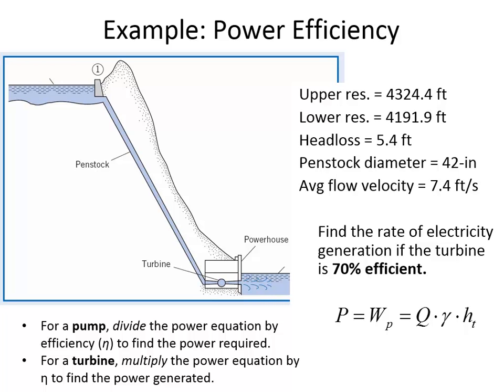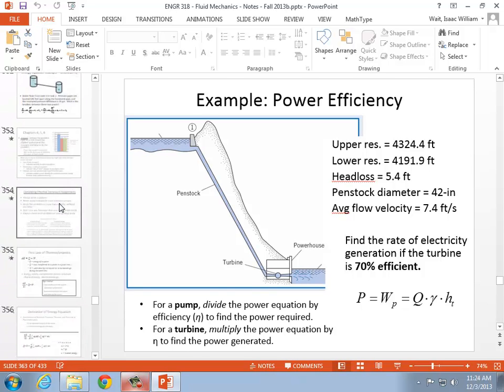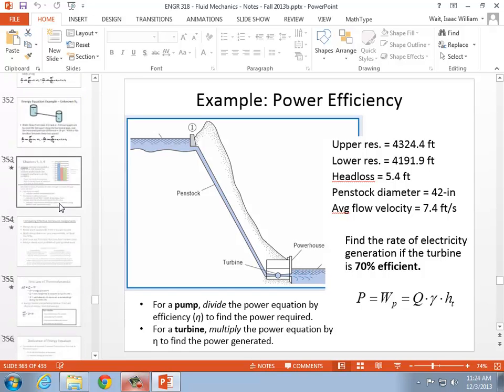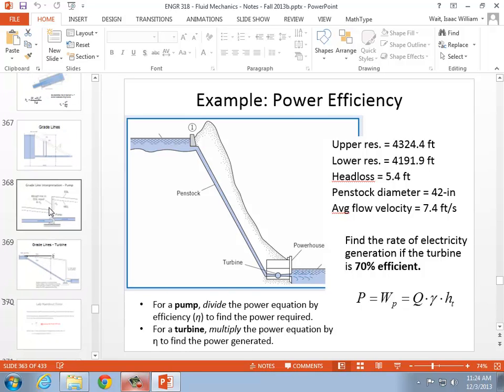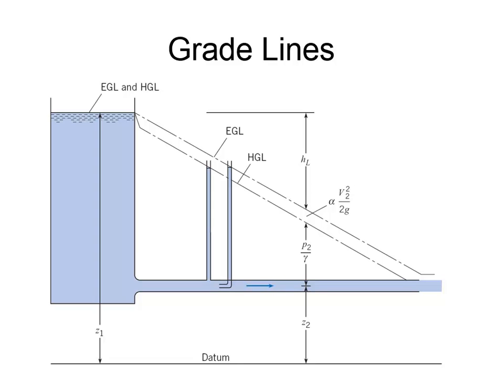Yeah. So let's see. I've got a good diagram of that. Let me go to one where I know it is. As water flows through a pipe, the pressure is decreasing because of the energy loss. And so this line represents the decrease of energy in the pipe.